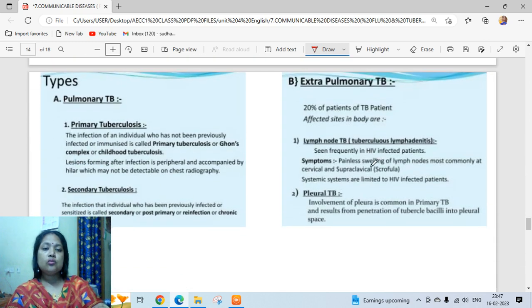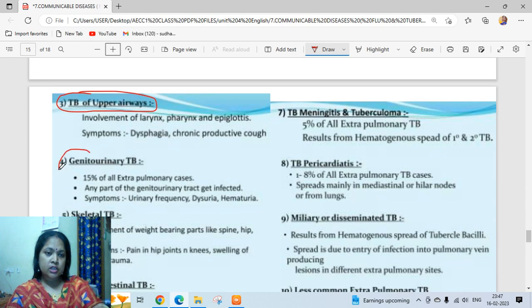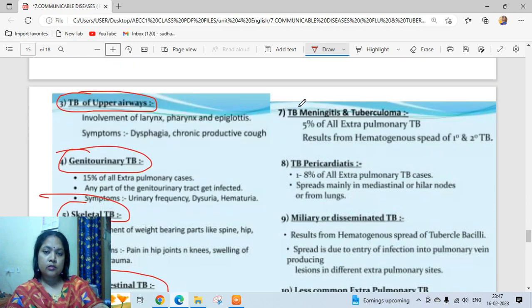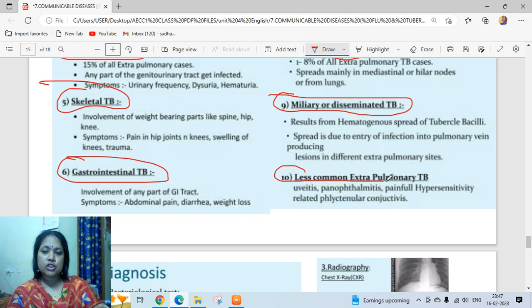Then let us look at the types of tuberculosis. One is pulmonary TB, then extrapulmonary TB, then TB of upper airways, genitourinary TB, skeletal TB, gastrointestinal TB, TB meningitis and tuberculoma, TB pericarditis, miliary or disseminated TB, then less common extrapulmonary TB.